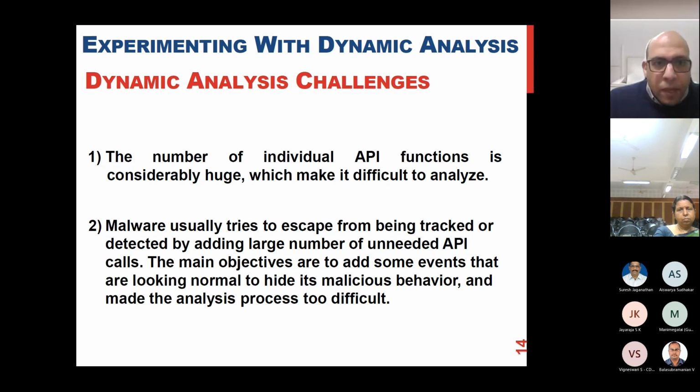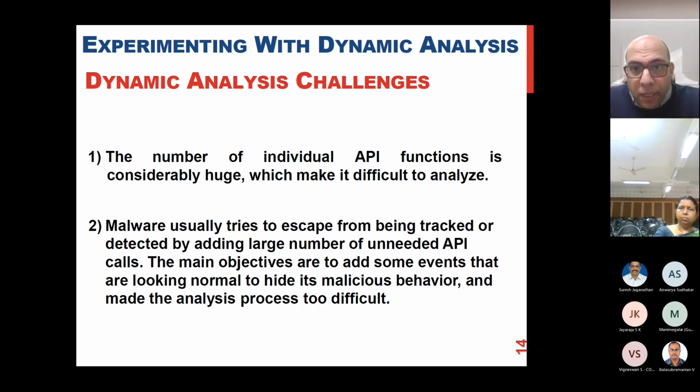So the problem here, and this is one of the things that malware authors rely on, is that the number of individual API functions is considerably huge. If you think about the number of API calls in some process, it's not just 100 or 200 or 300 calls. No, it can be up to 10,000 or 30,000 calls in length.